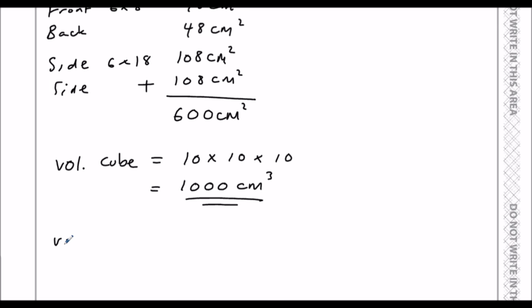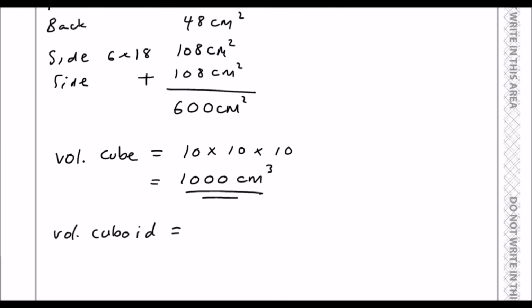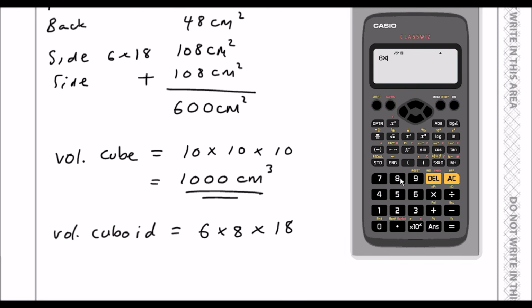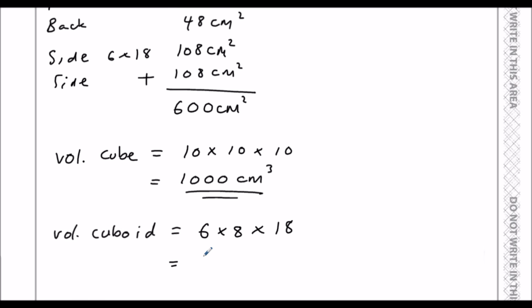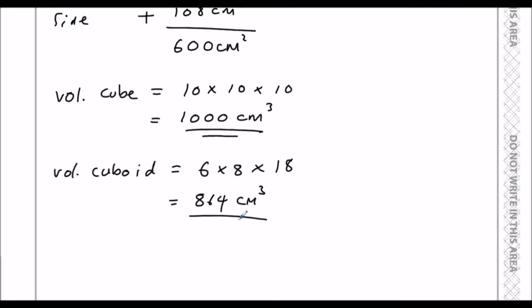And for the cuboid, it's 6 times 8 times 18. So 6 times 8 times 18 is 864 centimeters cubed. So are they equal? No, they're not equal.